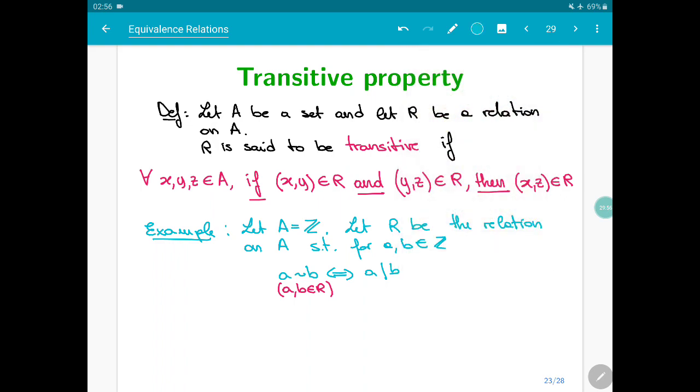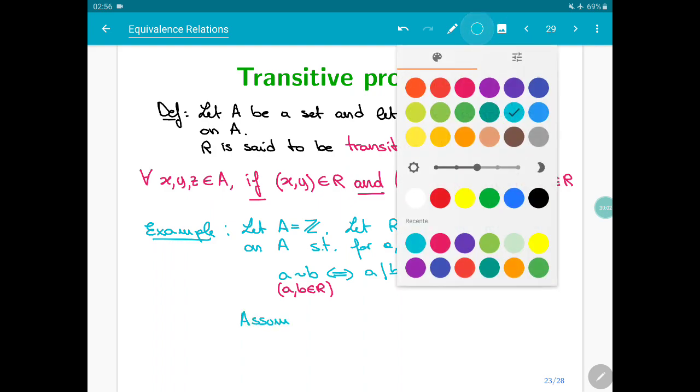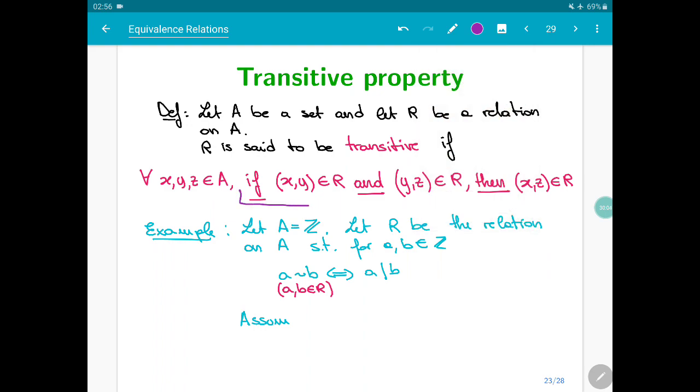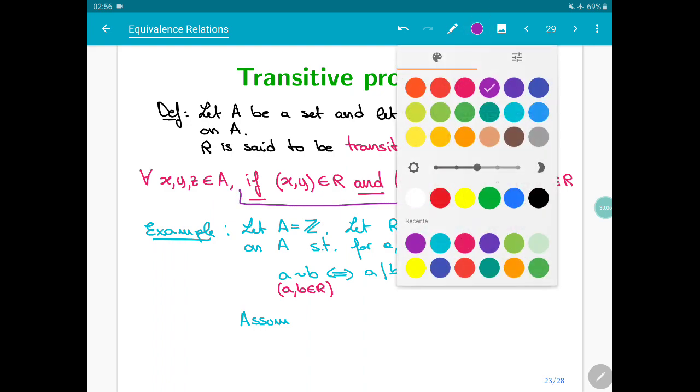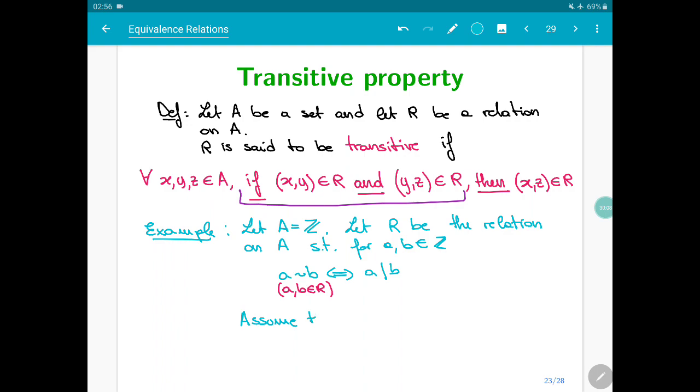A transitive relation, yes, because remember, this is a conditional sentence, so let's assume that the hypothesis is true.